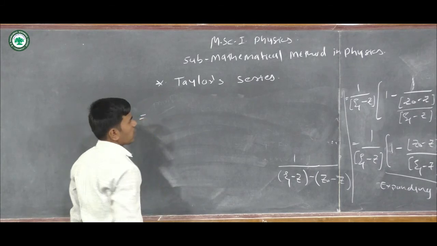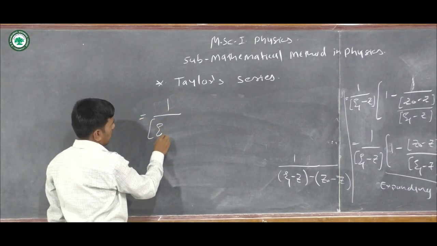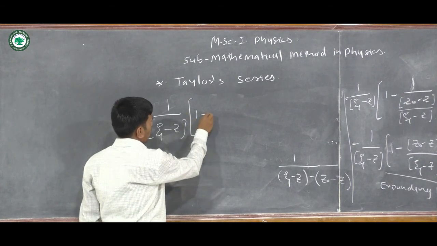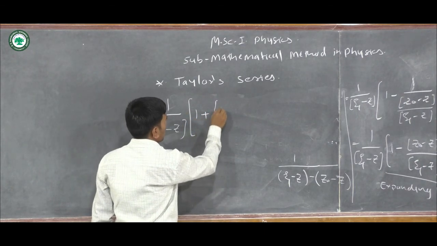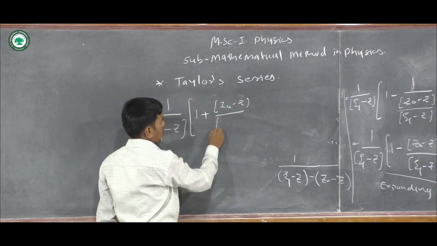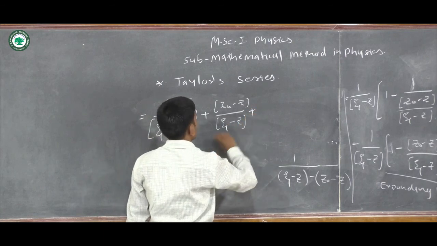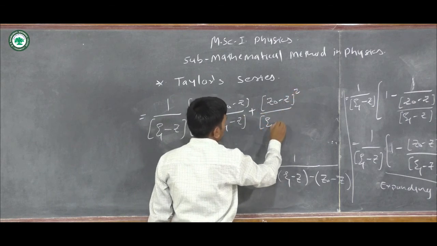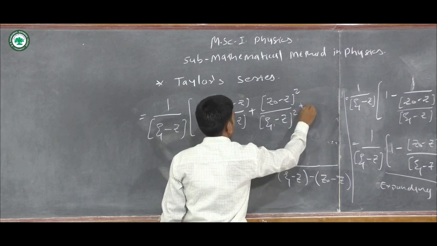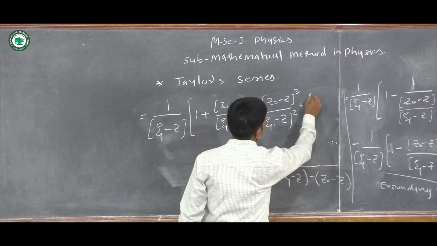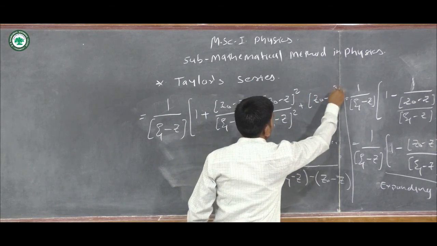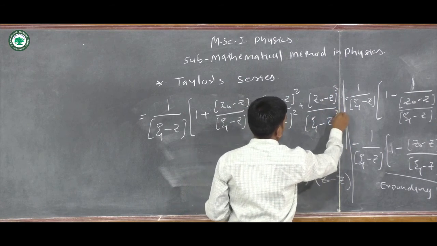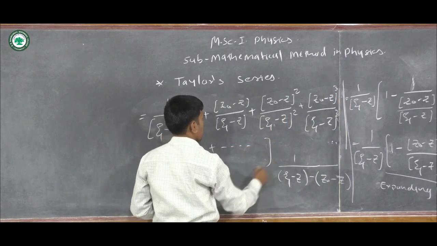If we expand, it is equal to 1 by psi minus z into 1 plus, by the binomial theorem, z naught minus z divided by psi minus z, plus z naught minus z bracket square divided by psi1 minus z bracket square, and fourth term, that is z naught minus z divided by psi1 minus z all cubed, and so on we can find like this.